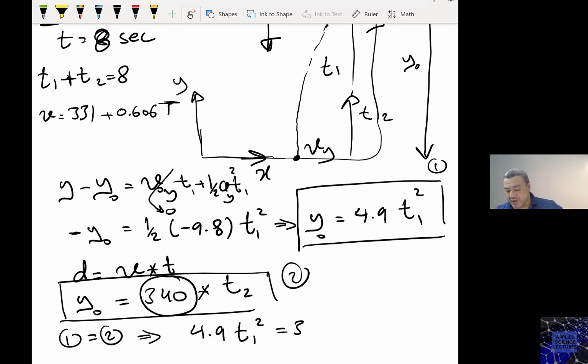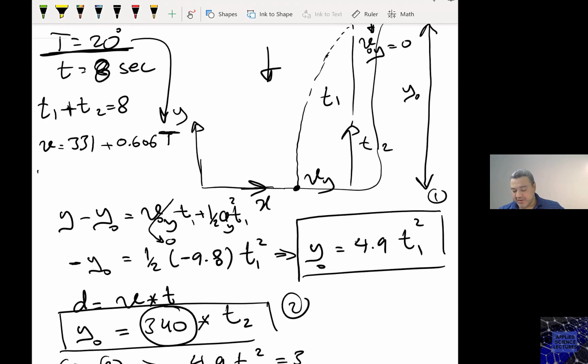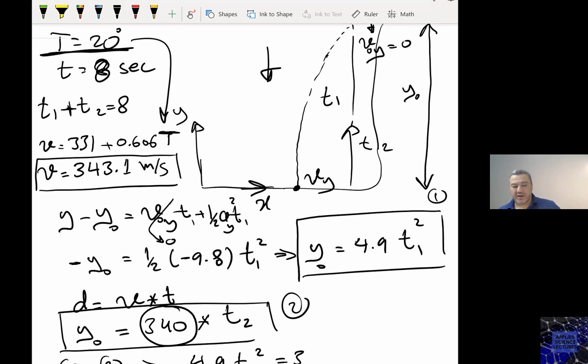If I put my T here as 20 degrees, which is what he gave me, then V is not going to be 340. It will be precisely 343.1 meters per second. This is the accurate speed of sound in air at a temperature of 20 degrees.